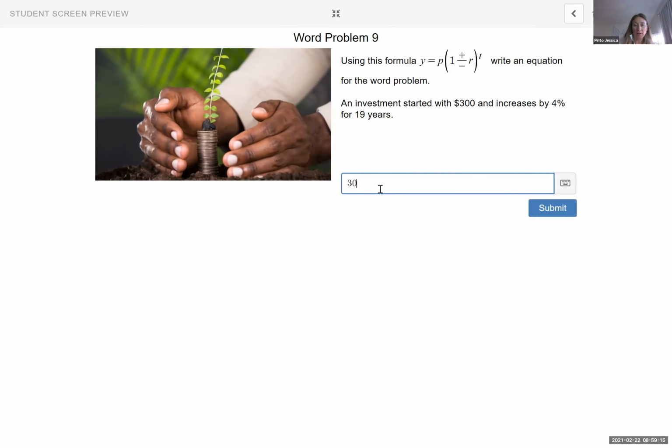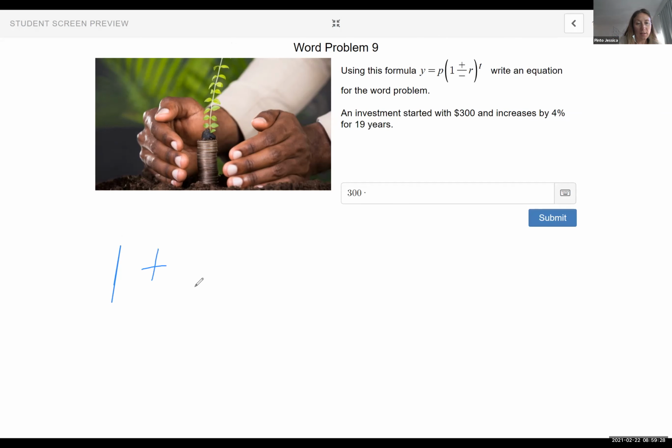So we got 300 times, and then I am already trying to figure out, okay, 4%. So I've got the 1 plus 0.04.